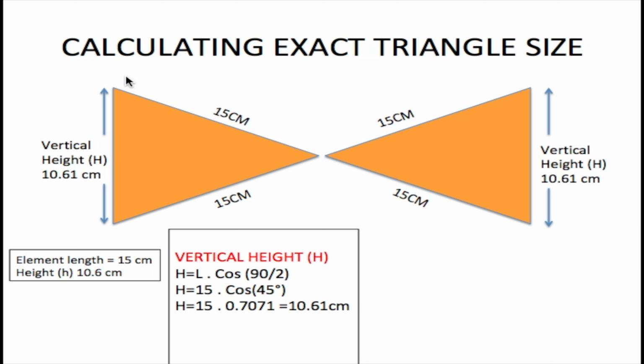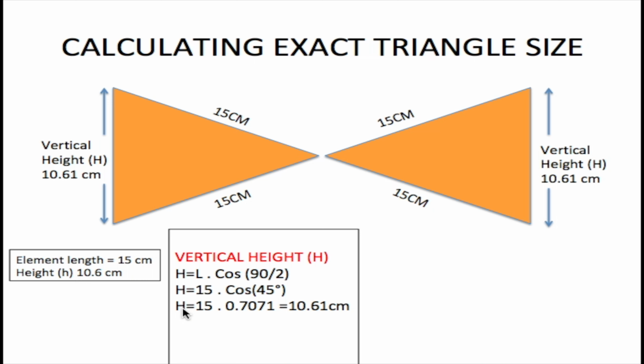So in order to do so, we use this equation. H is equal to L times the cosine of 90 degrees divided by 2. The next line will be H is equal to 15. 15 is the length of these sides, which is 15 centimeters. 15 times the cosine of 90 divided by 2, which is 45 degrees.